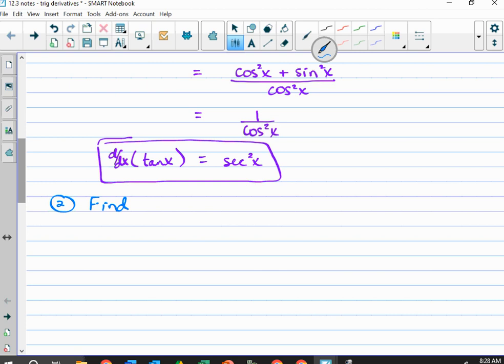All right, we're going back to having an actual equation now. So we're going to find dy dx, given that y is equal to cosine of 5x.